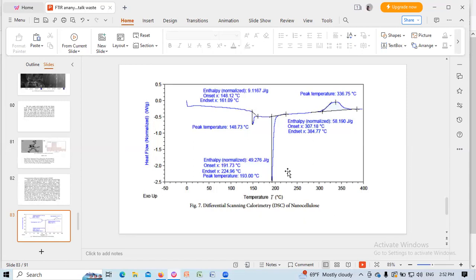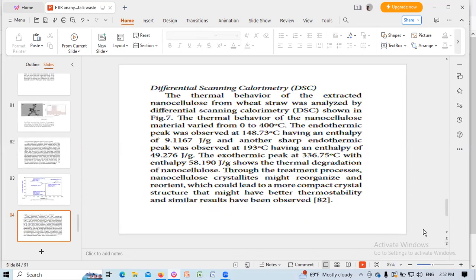This shows the thermal degradation of nanocellulose. This is the detailed explanation of DSC.